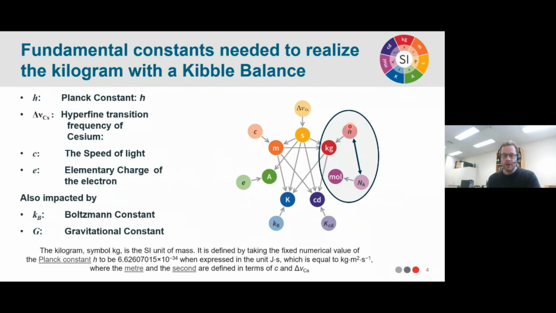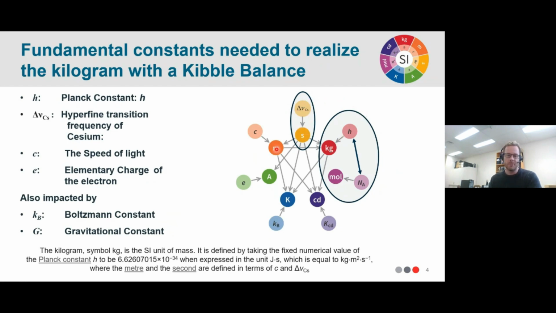But in order to do a realization using the Kibble balance, we also need to know very well what the second is. This goes towards frequency, which we need to know well, and this is the hyperfine transition frequency of a cesium atom, which is used to fix the second.